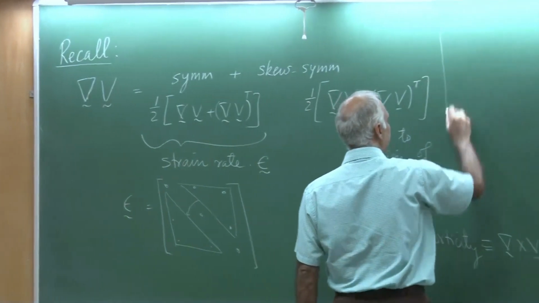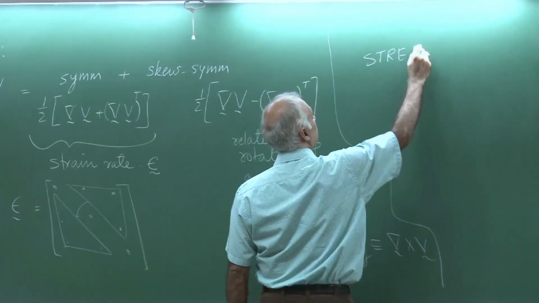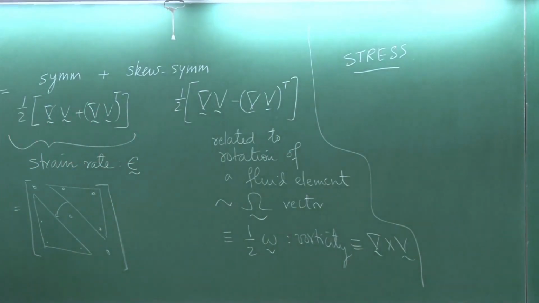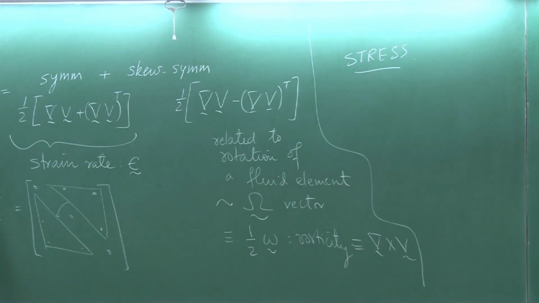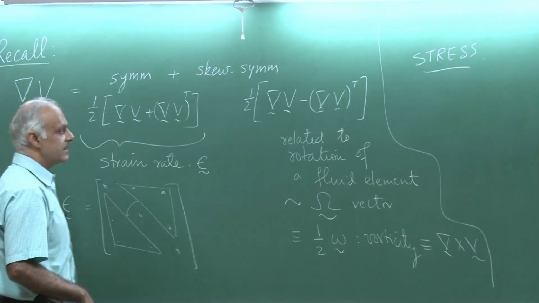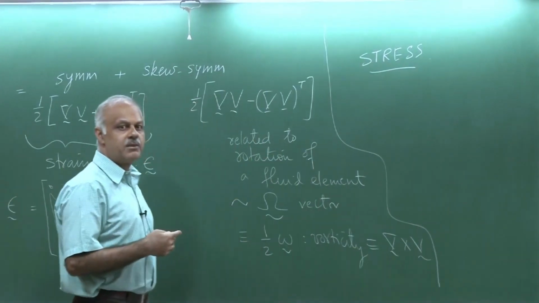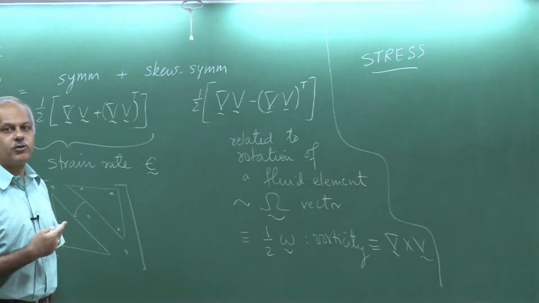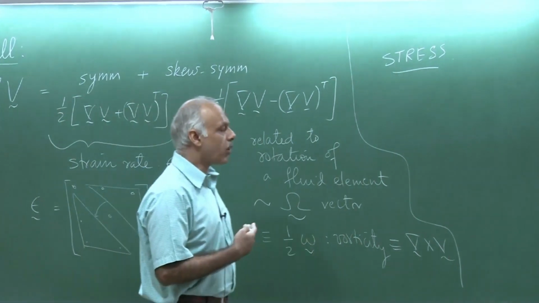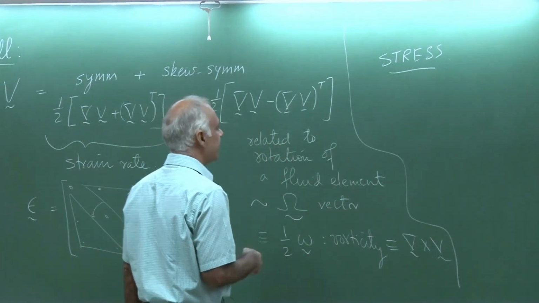Now we would like to relate it to stress. So the idea is, can I relate the gradient of velocity field, which actually results in something called a strain rate, to stress, which then would be able to give me some kind of a force balance, which I am really interested in. So there are various models of this stress and strain rate relationship.